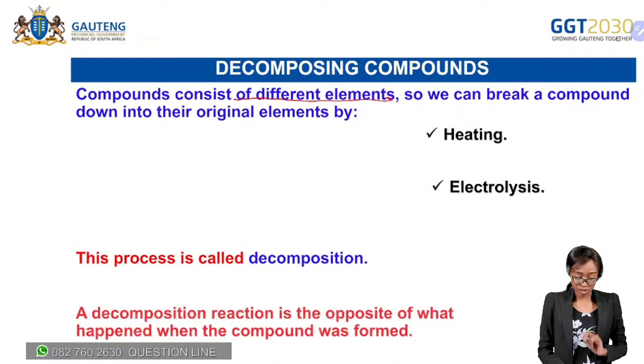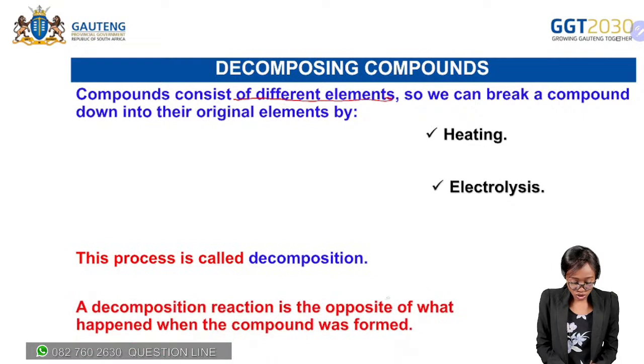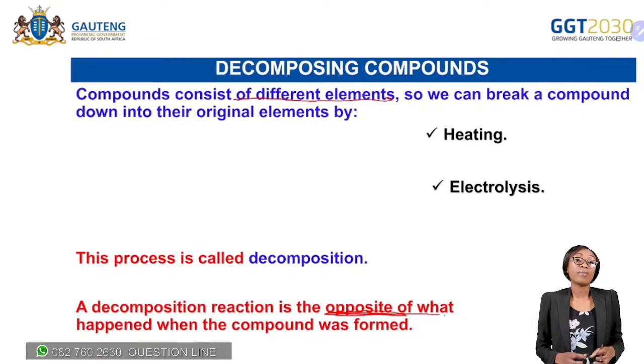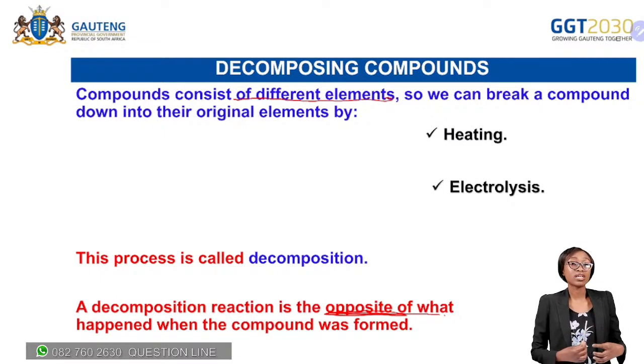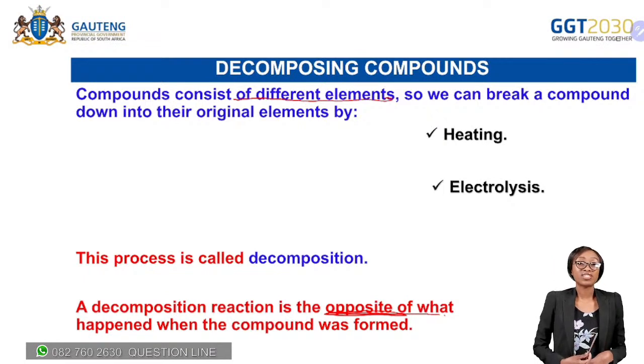A decomposition reaction is the opposite of what happened when the compound was formed. So remember, when a compound is formed, there's rearrangement of atoms, of elements, and there are chemical bonds that bond those atoms together. So a decomposition reaction is the opposite of that.